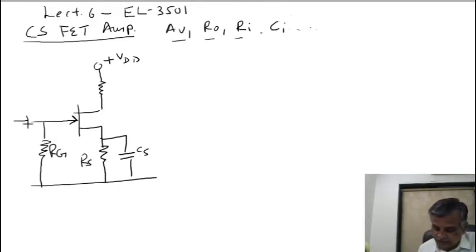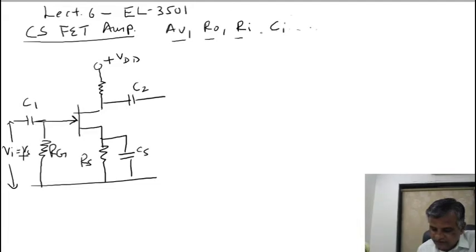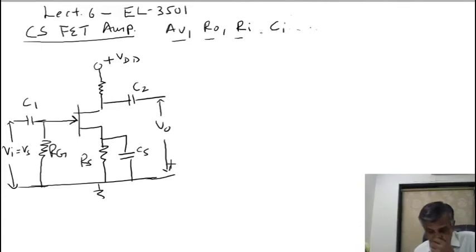Here is your coupling capacitor, C2 or CC, you can write C1. And here we have written input signal Vi or Vs. This is the ground. Here we have taken output. Now this is your load resistance RL.